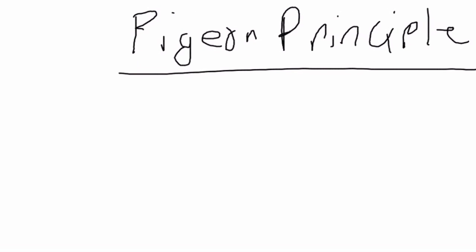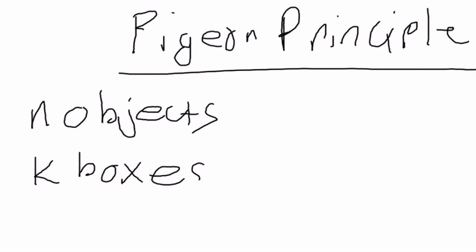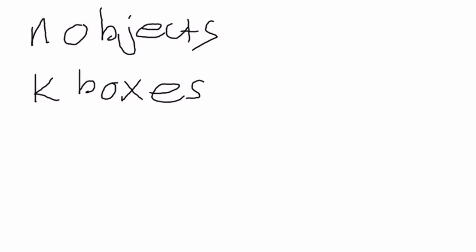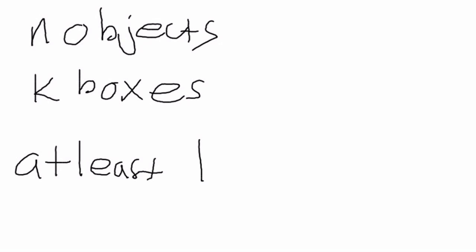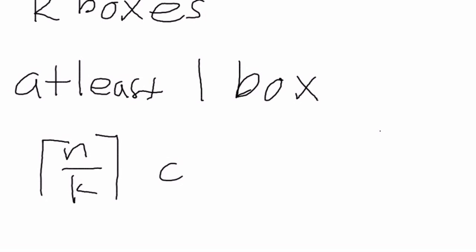If n objects are placed into k boxes, then there is at least one box that contains the floor of n over k objects.